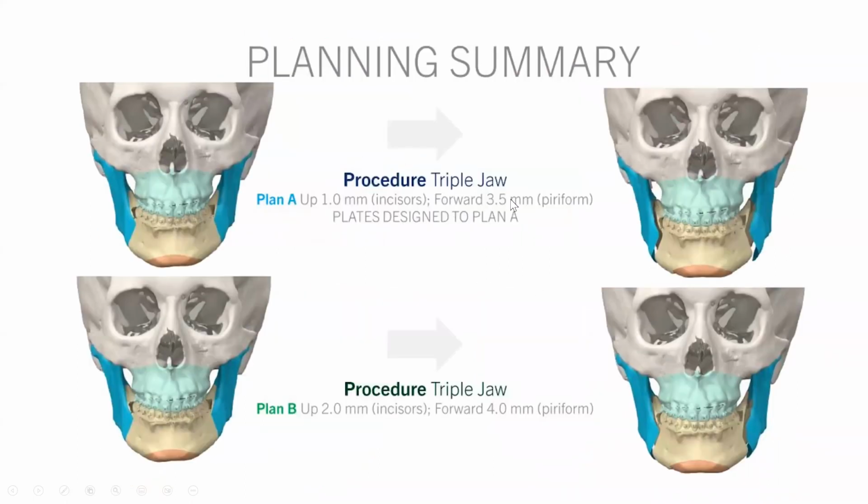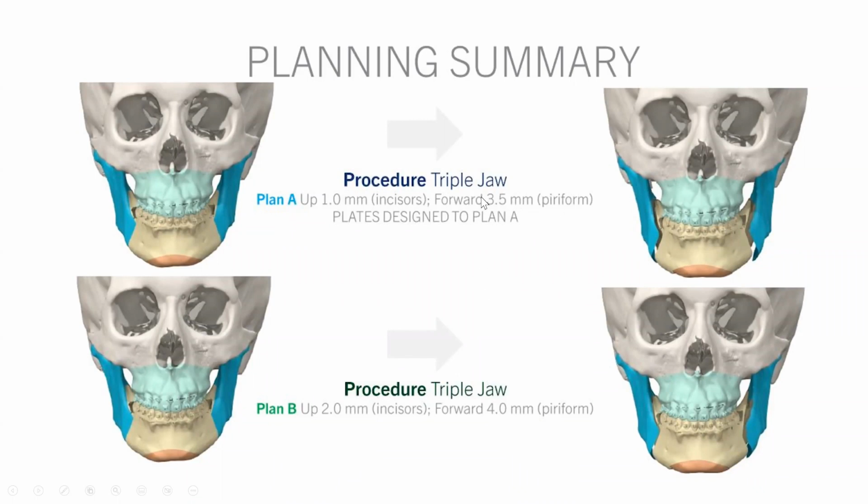Now, plan 1 with the 6-ish millimeter advancement, a custom fabricated plate was done for that plan. Based on that, I would say the probability for the surgeon to do plan 2 or plan B will be very unlikely, right? Because you're going to do a custom plate that's fabricated, that's in your hands already. You don't have to bend the plate.